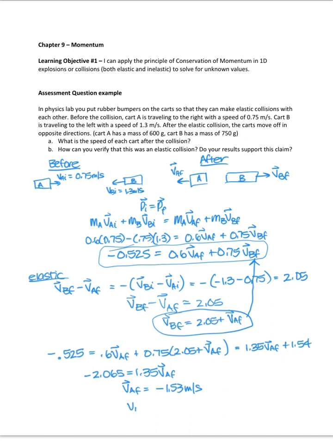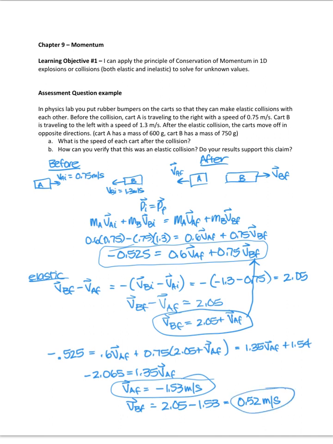And VBF, which is just going to be 2.05 plus that value, which is minus 1.53, gives me 0.52 meters per second. So I get these two final velocities.